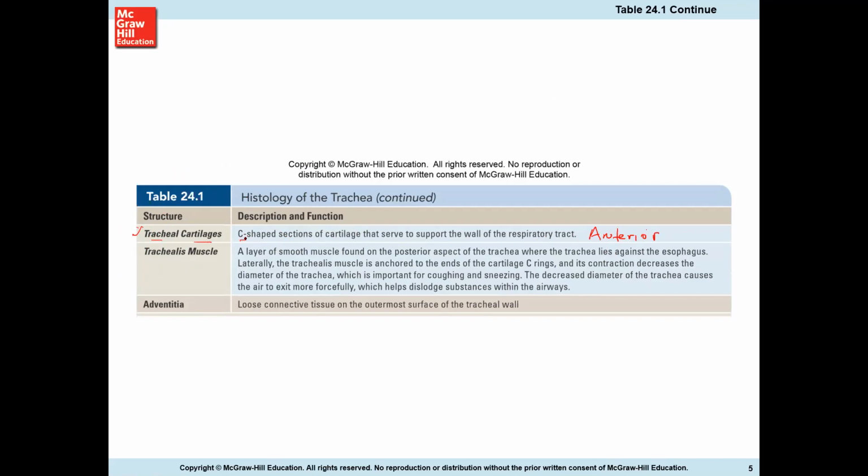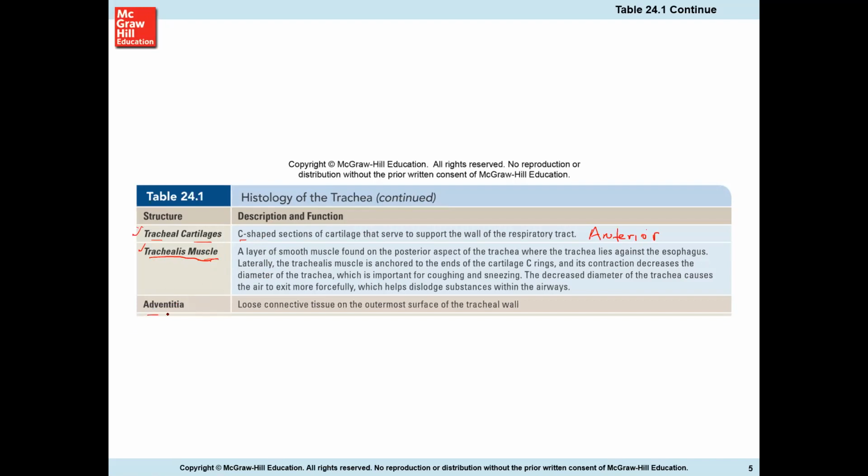So the open part of the C leaves space for the trachealis muscle, which is adjacent to the esophagus. Because when you eat your burrito, you need a little room for that to be swallowed through deglutition and peristalsis. So the trachealis muscle is part of the trachea that doesn't have cartilage, so that it leaves room for things moving down, a bolus of food moving down the esophagus, which is posterior to the trachea. Always remember that.